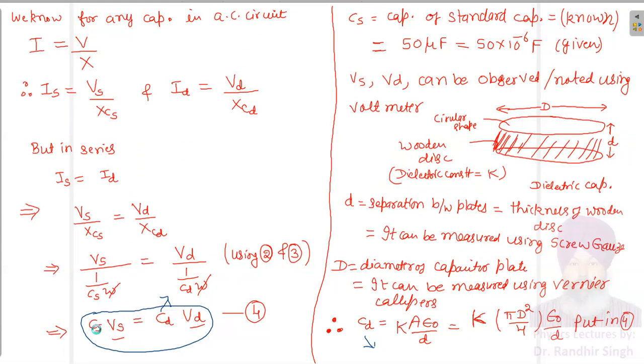The left hand side is CSVS and the right hand side is CDVD. Therefore we will get CSVS equal to, instead of CD, pi capital D square by 4 into K into epsilon naught upon small d, and after that VD.